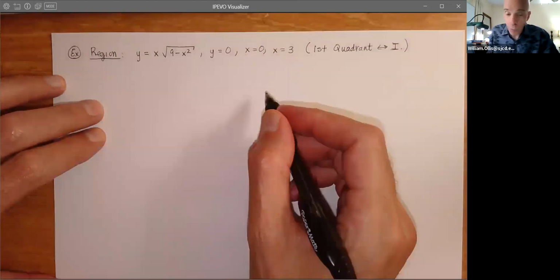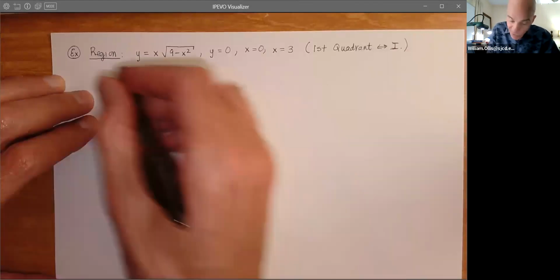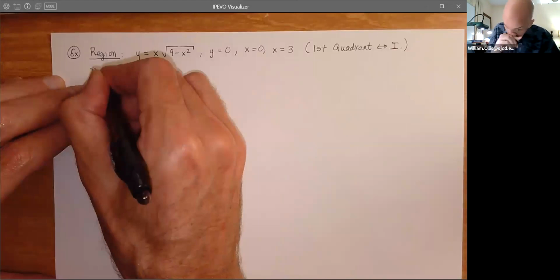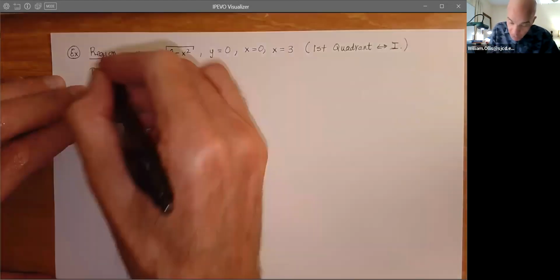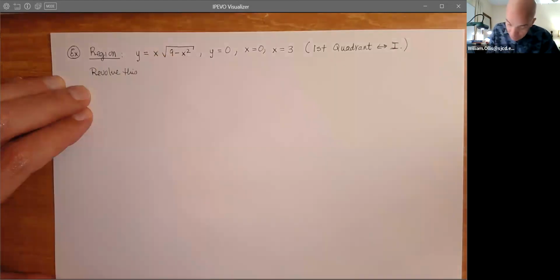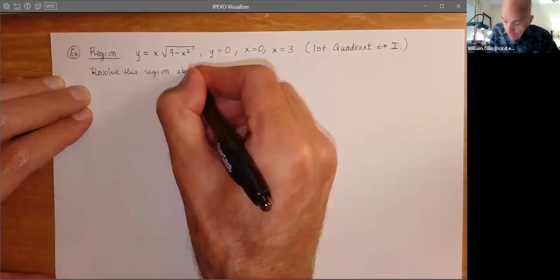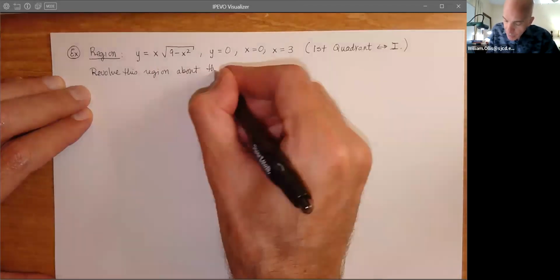So now what we want to do is revolve this region about the y-axis. So revolve, and then we're going to use one of our nifty formulas. Revolve this region about the y-axis.